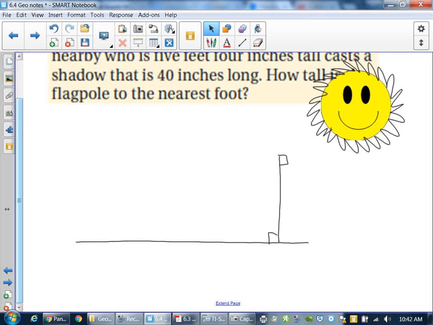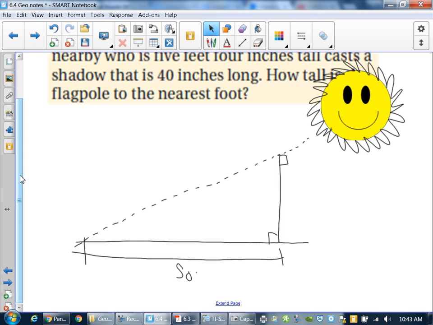Now the sun's rays cast the shadow of the flagpole at 50 feet. When you do tick marks for feet and inches, one tick mark is feet, two tick marks is inches. You guys know that, right? So the lady is standing somewhere nearby, and she's 5'4".